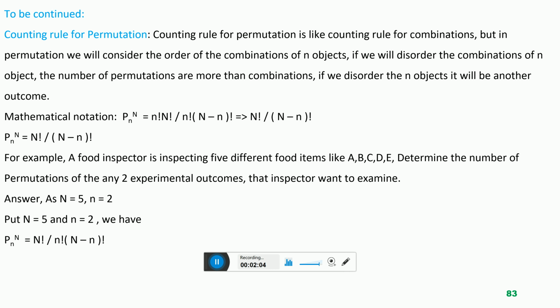Permutation is also used to determine the number of experimental outcomes of an experiment in combination form.